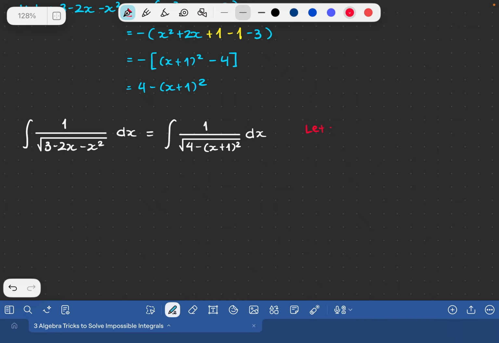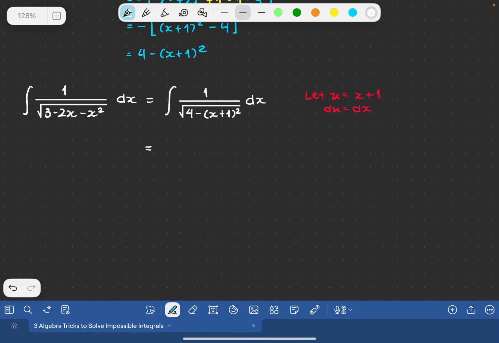So we can let u be equal to x plus 1, so that du becomes dx. Applying this substitution, we will obtain 1 over the square root of, again like earlier, I'll write 4 as 2 squared, minus u squared du.